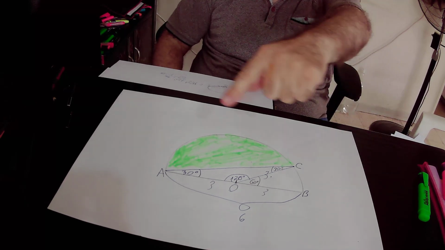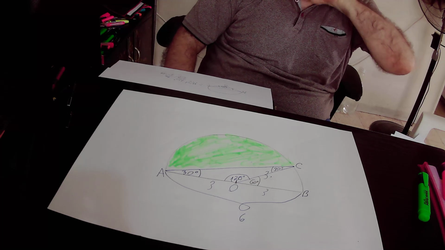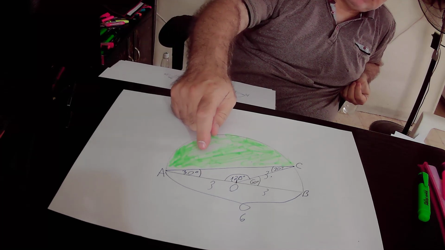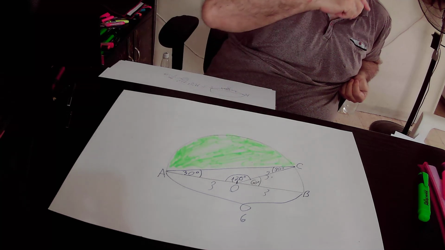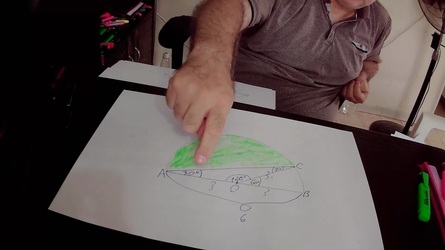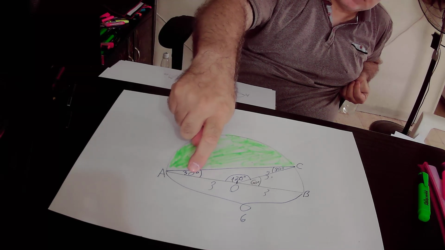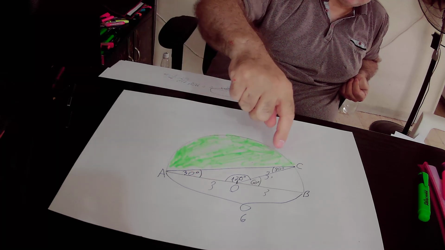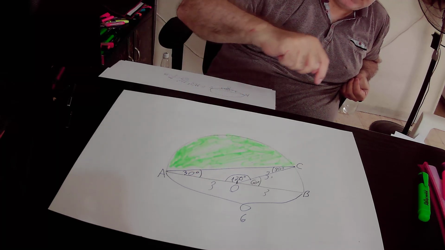In the drawing, we have a semicircle. You know that the diameter of this semicircle is 6 units. We also know that this angle BAC equals to 30 degrees. And our mission is to find out the area of this green shape.